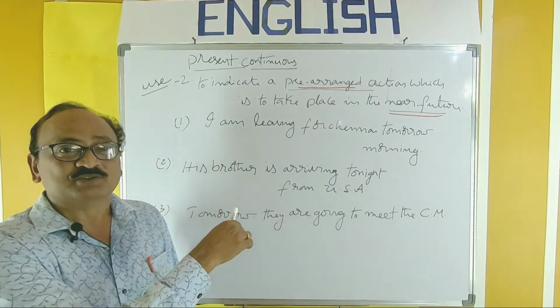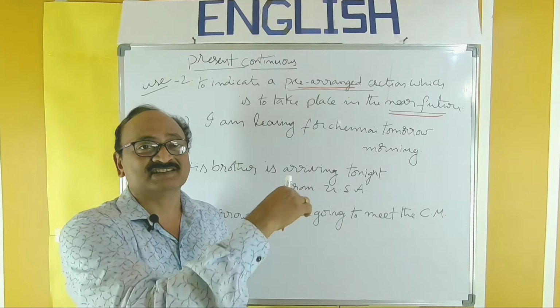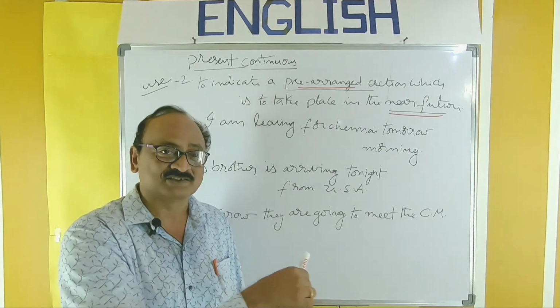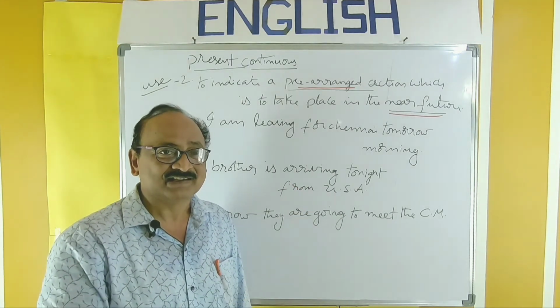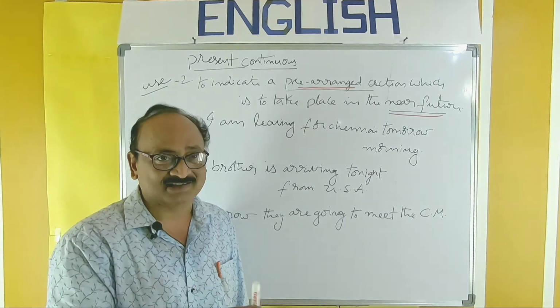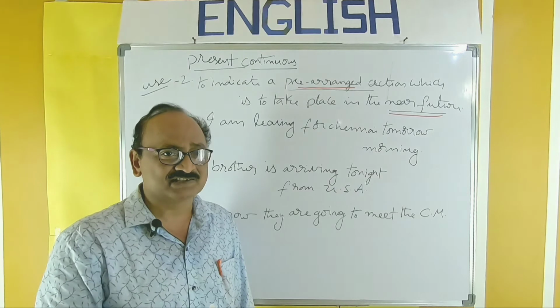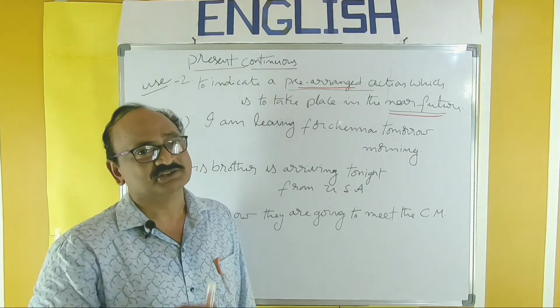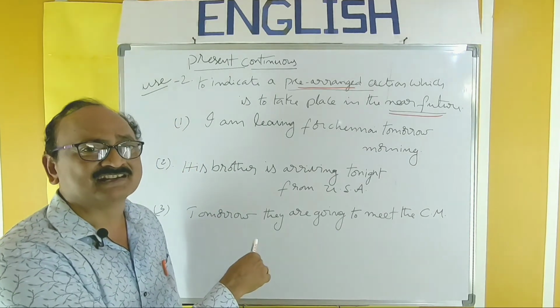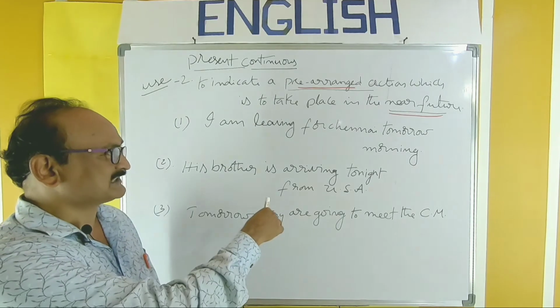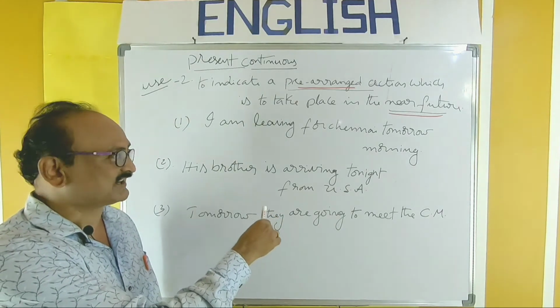This sort of future action can be expressed even in the simple present. I explained that use. But there, a future action, a future plan, may not necessarily be in the near future, but here it is somewhat different. It must be a near future action.